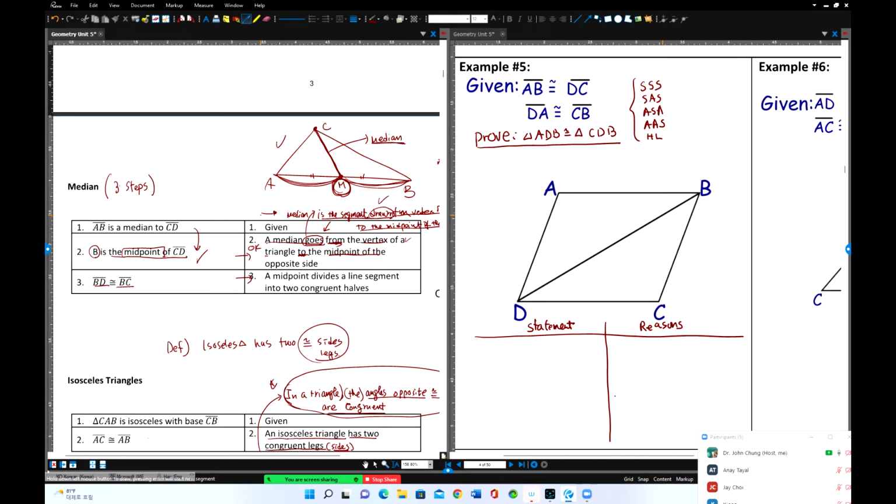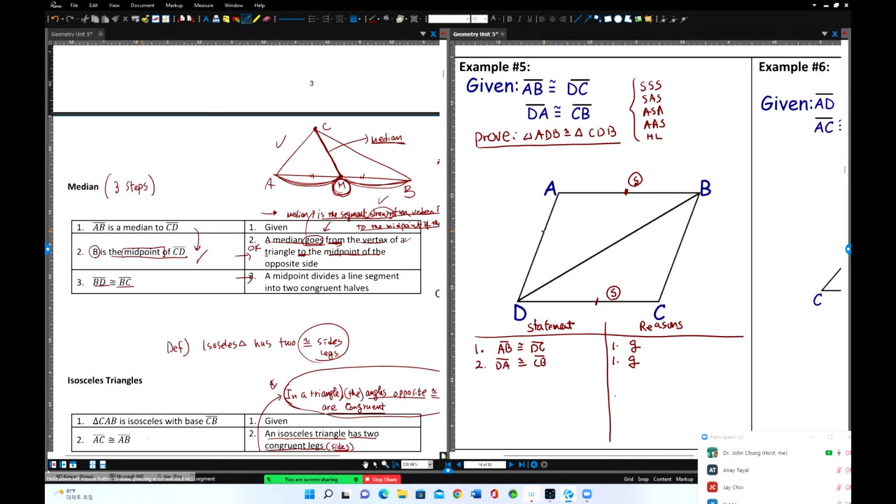I'm going to write the givens for you guys. Given is what? AB congruent to DC. Another given: DA congruent to CB. AB congruent to DC, this is already congruent, so side is one done.